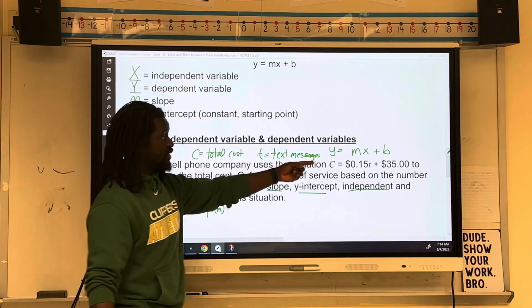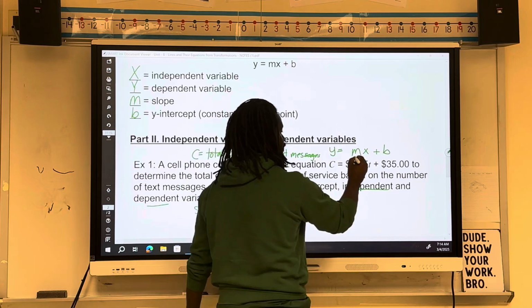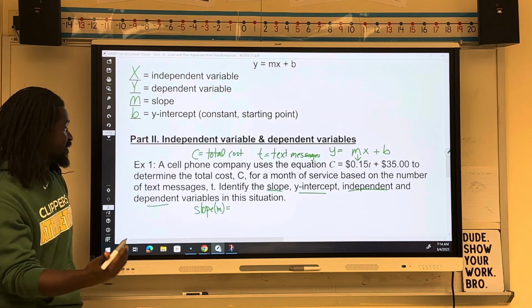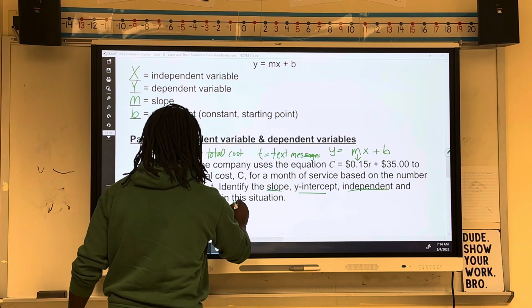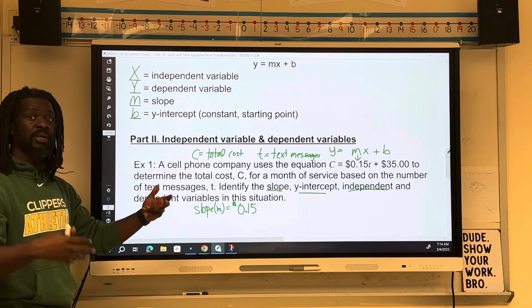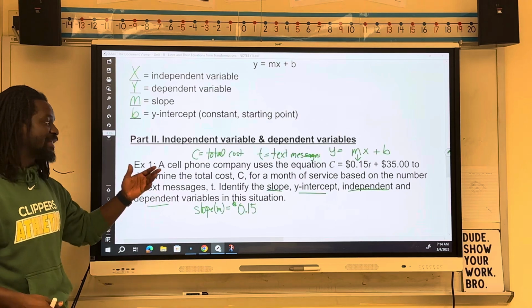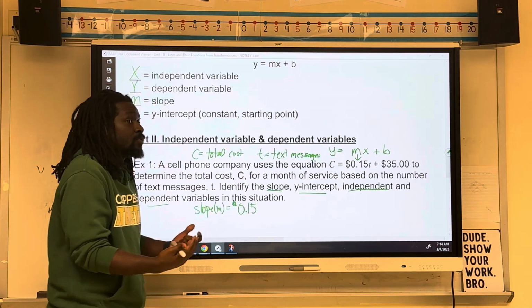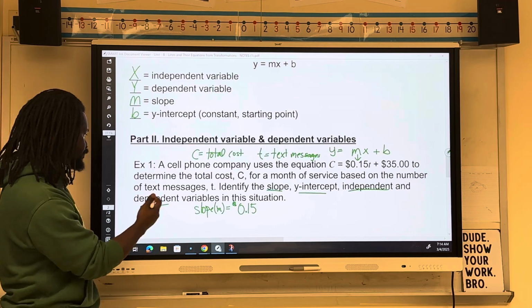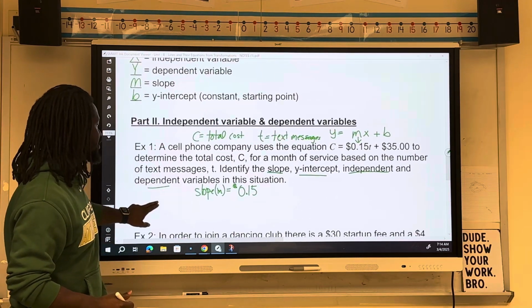I need to see what part of our equation matches with m, and that is the 15 cents you spend per text message. That is going to be the key: usually the slope is per or each. That's the slope in this situation.